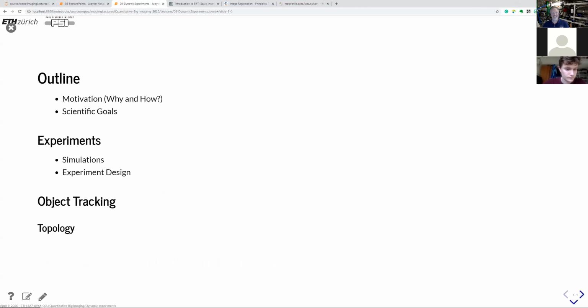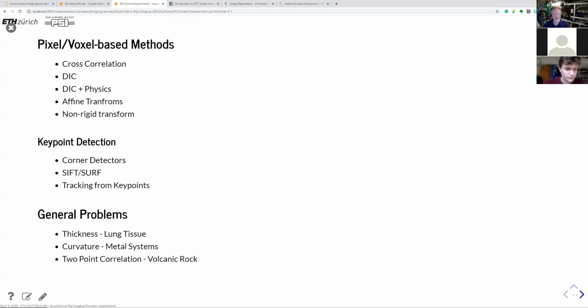Anyway, so let's go on to the outline. So we have a little bit of motivation, some scientific goals. Then we do some experiments and experiment design. And then we go over to object tracking and topology. And first, we want to look at different methods that we could work with. So the pixel and voxel-based methods.